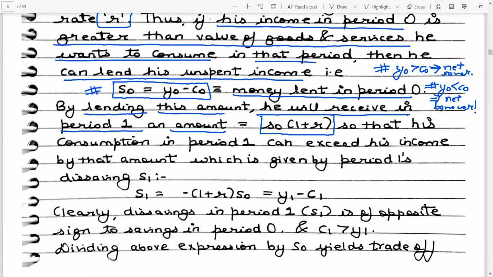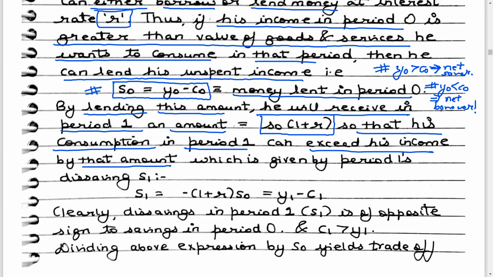So that his consumption in period 1 can exceed his income by that amount. Now, since you have saved in period 0, you can enjoy your consumption in period 1 more than your income. I hope students have understood the statement I have made.